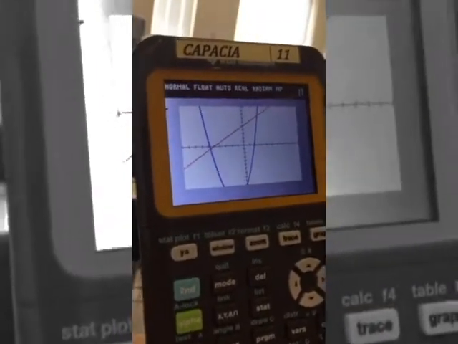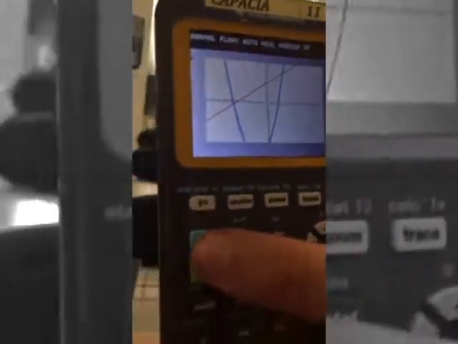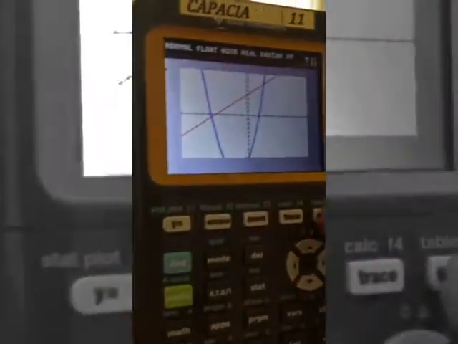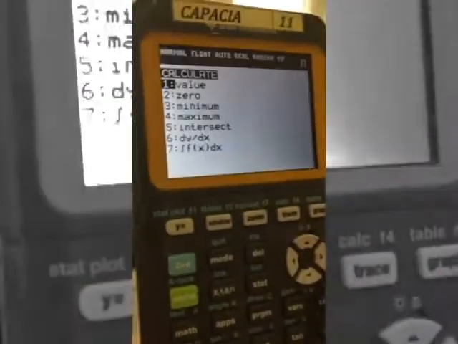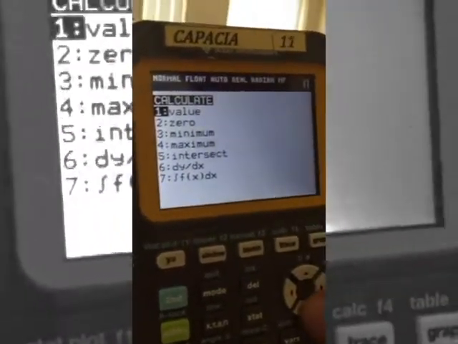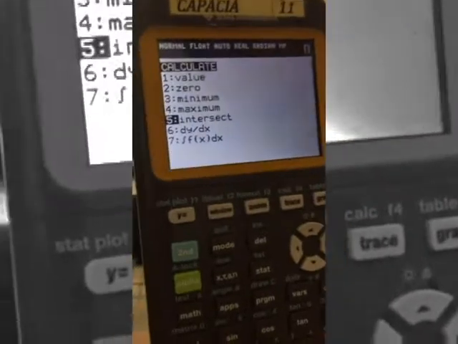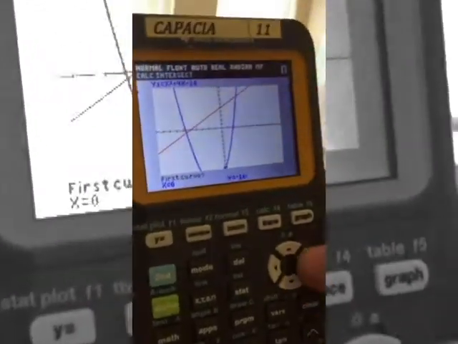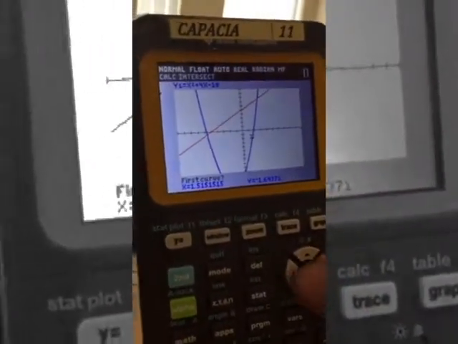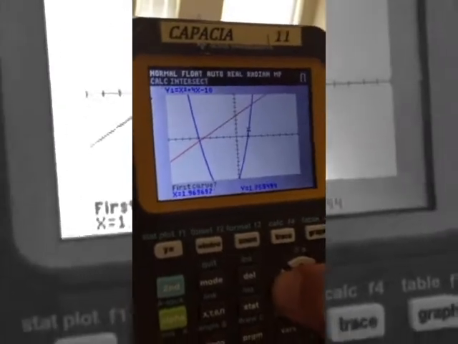Once your graph has loaded in, you're going to want to click the blue second and trace. After you have all these listed here, you want to scroll down using the arrow to intersect, because we're finding the intersect, and click enter. You'll notice you have a little bug or cursor going up the first line.